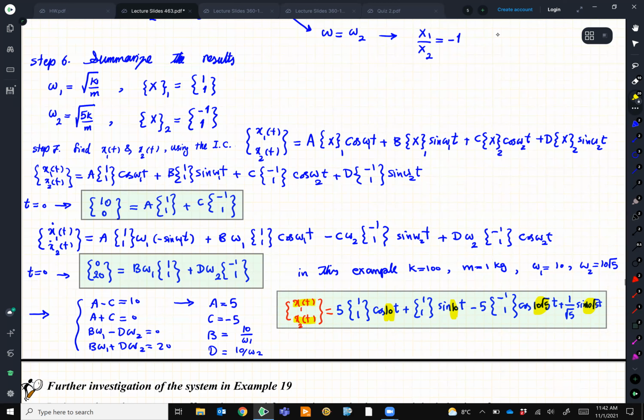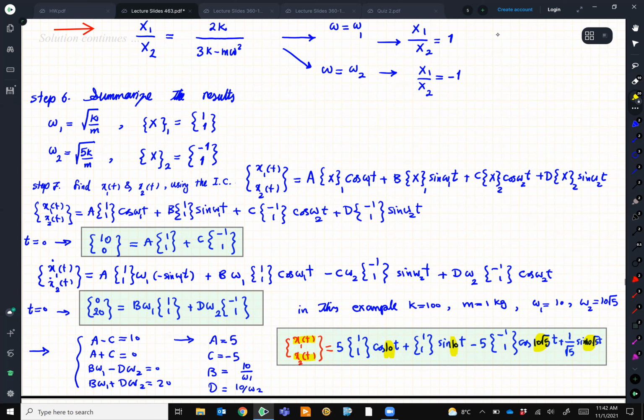And you can plot them, right? All right. So far we are good, except if there is a numerical mistake, which you're going to correct at home. I hope you follow these 7 steps, okay?